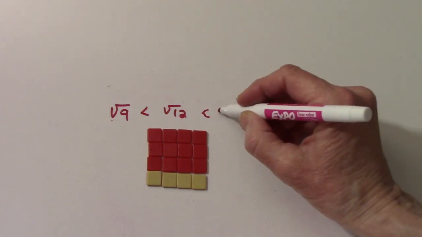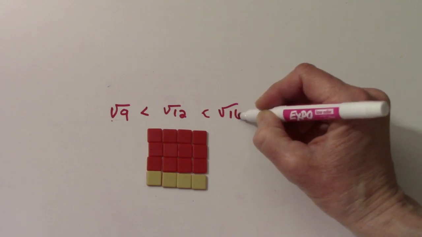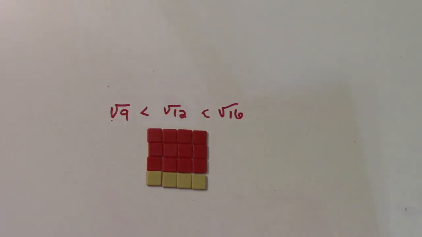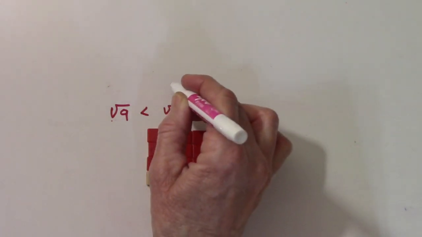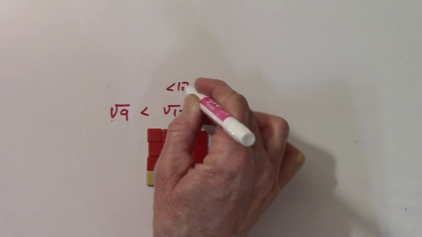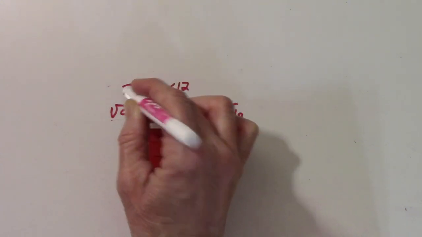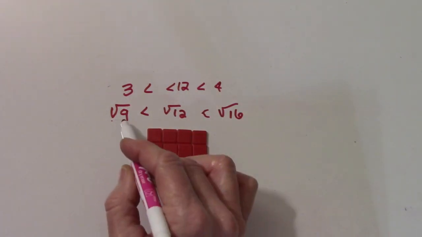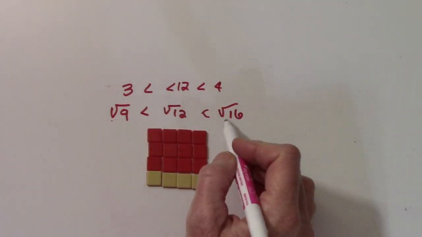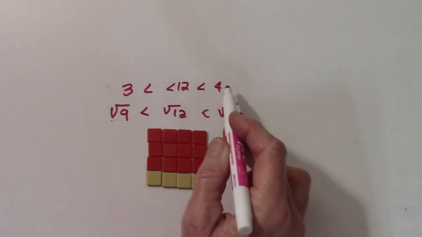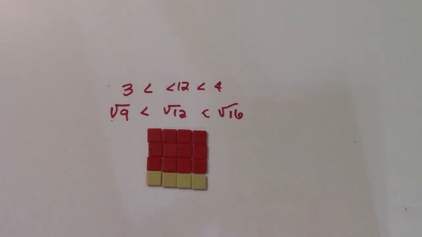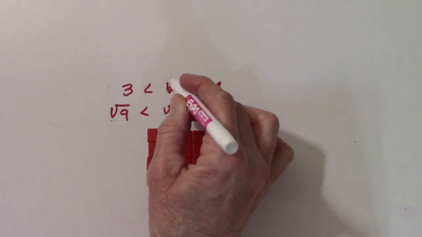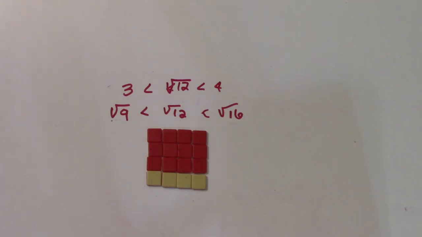So then I know that my approximation for the square root of 12 is going to be more than 3 and less than 4, because the square root of 9 is 3, and the length of the side whose square is 16 is 4. So my approximation for the square root of 12 is between 3 and 4.